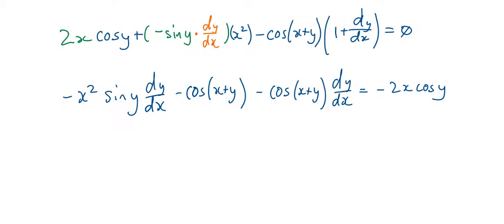I've got another term here that does not have a dy by dx, so I'm going to move it over. And I'm going to factor out the dy by dx. Is it okay if I do that all at once?